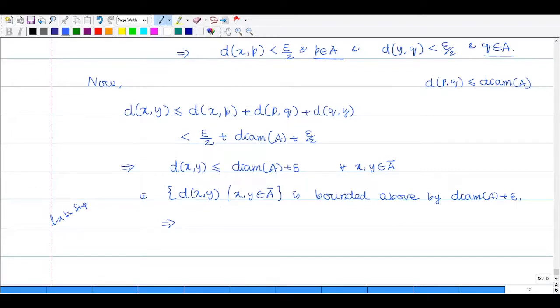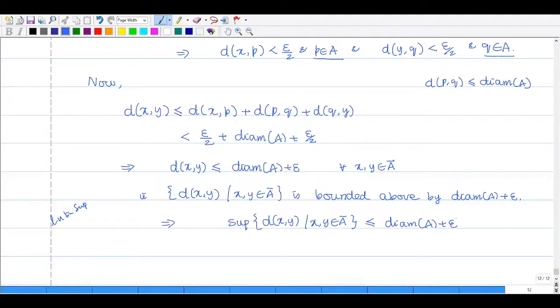So we have the supremum of the set of d of x comma y such that x comma y belongs to A closure. This is the least upper bound, so it must be less than or equal to this upper bound, that is, diameter of A plus epsilon.